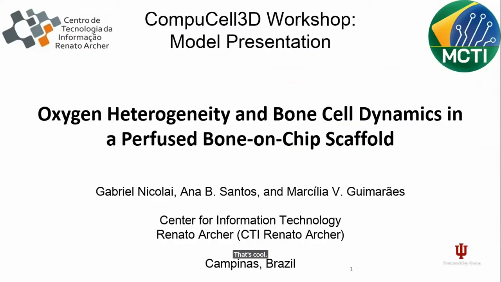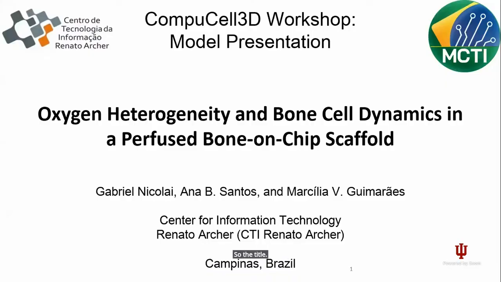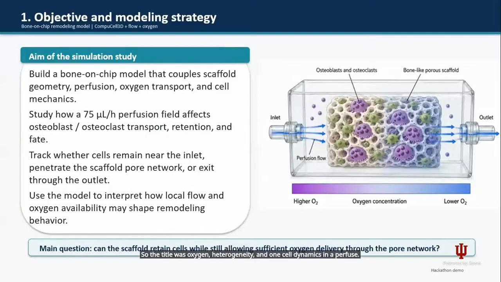Our main objective was to build a bone-on-chip model that combines scaffold geometry, perfusion, oxygen transport, and cell mechanics. So the title was Oxygen Heterogeneity and Bone Cell Dynamics in a Perfused Bone-on-Chip Scaffold. We want to understand how some perfusion rate affects osteoblast and osteoclast transport, retention, and fate inside the scaffold.